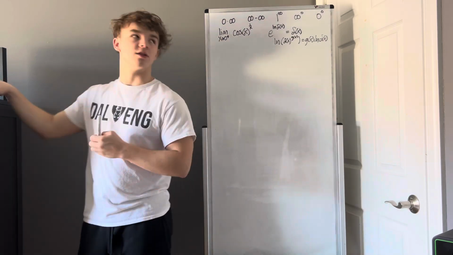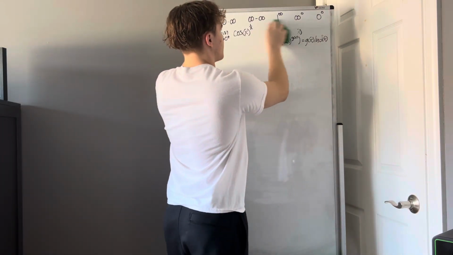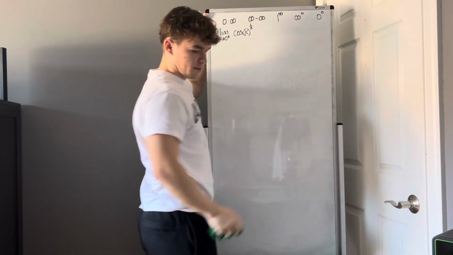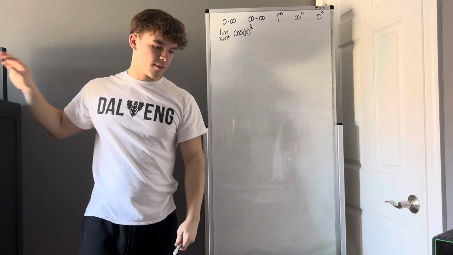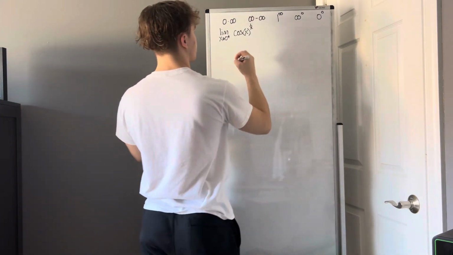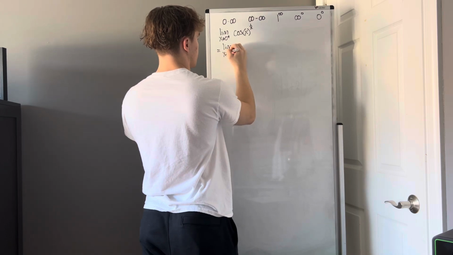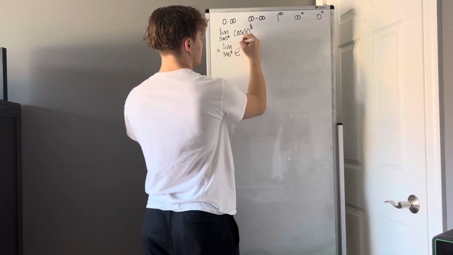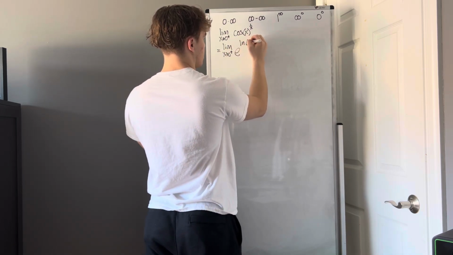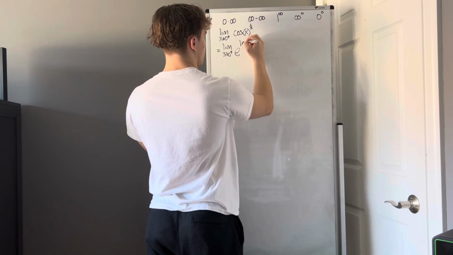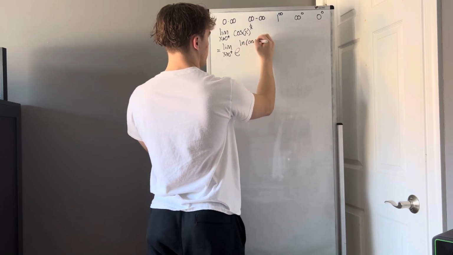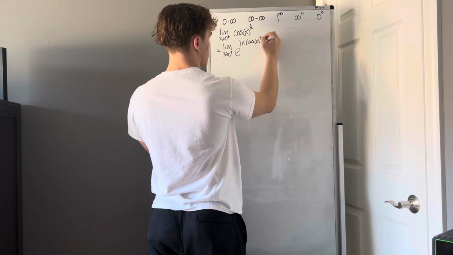And so we're going to use this trick. We're going to take the limit as x approaches 0 from the positive side of e to the power of ln of cos x to the 1 over x.